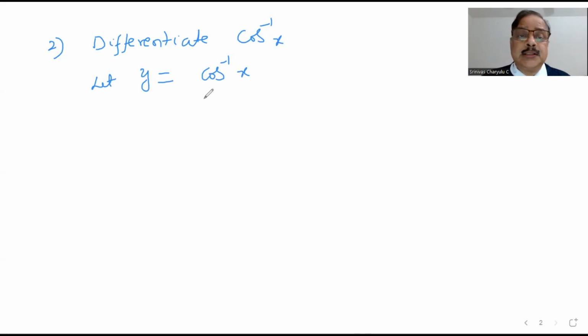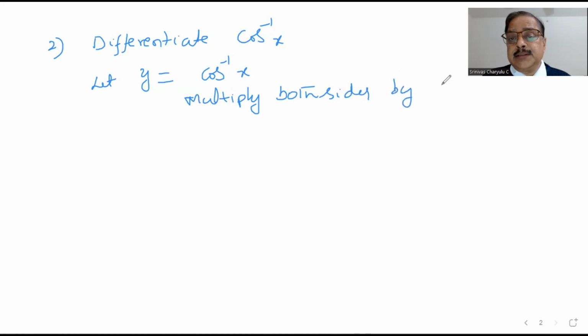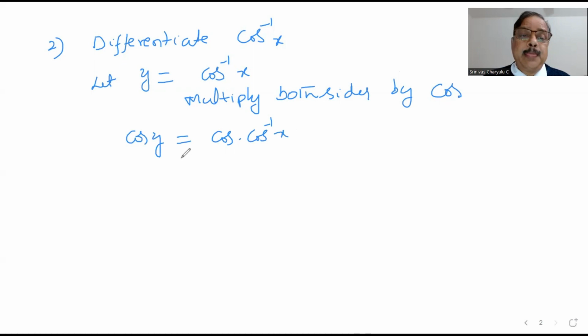So again what we should do, multiply both sides by cos, because it is cos inverse here. Cos y is equal to cos into cos inverse x. Cos and cos inverse will get cancelled and get x here and then here cos y.